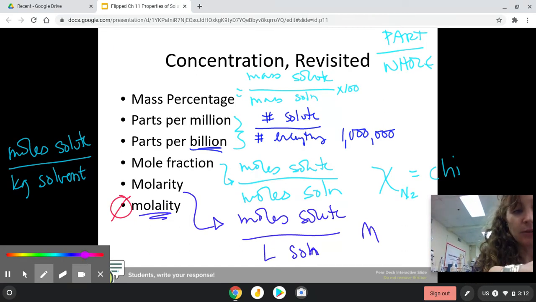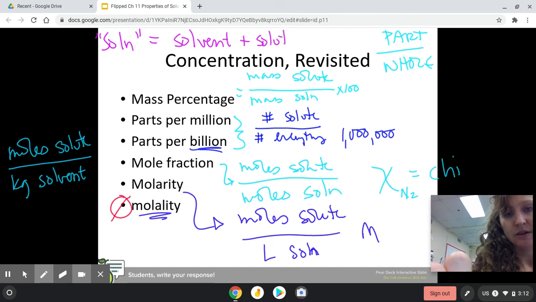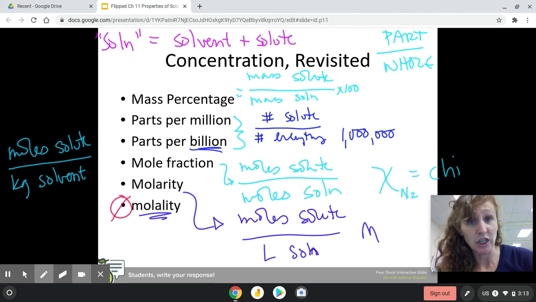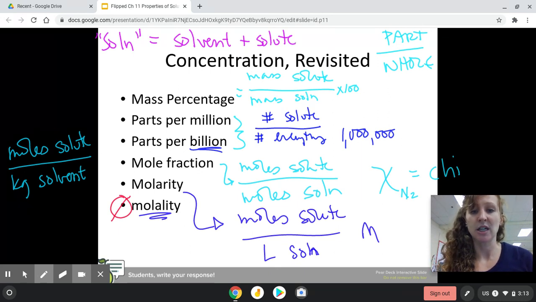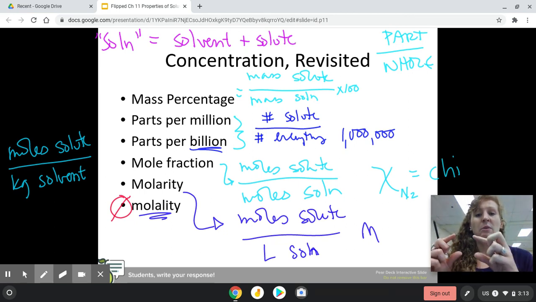Okay, just one more time, I want to put at the top because it's pretty important. If you're talking about the solution, you are talking about solvent plus solute. So make sure when you're talking about the solution, you are allowed to separate that denominator into solvent versus solute. So for mass percentage, your denominator could be mass of solution, or it could be mass of solvent plus mass of solute.